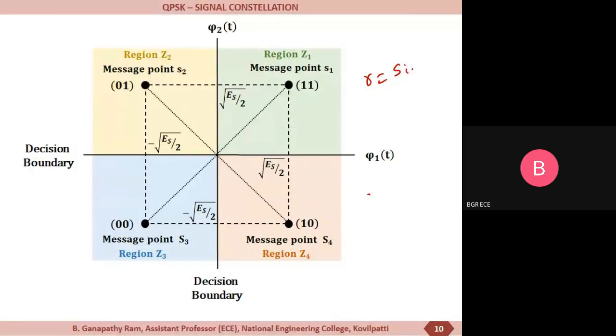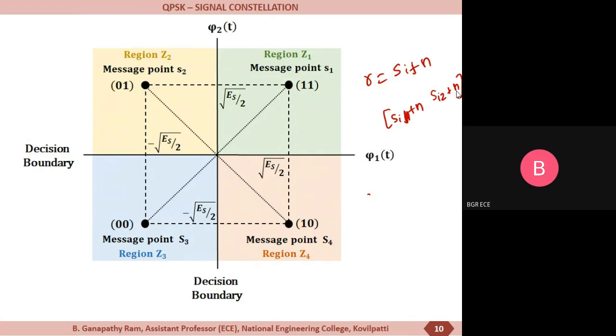So for the x-axis, phi1 of t may vary, or in the case of the received signal, let R be Si plus n, and Si consists of Si1 plus n plus Si2 plus n.